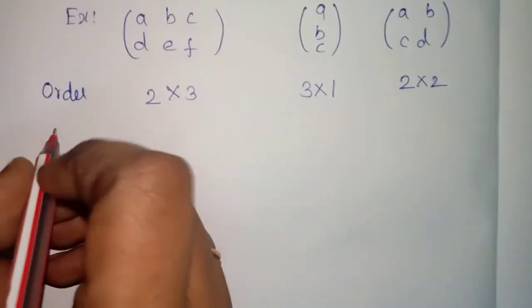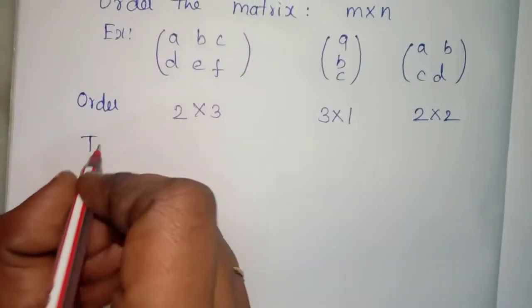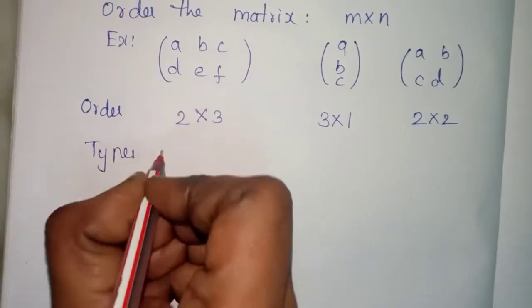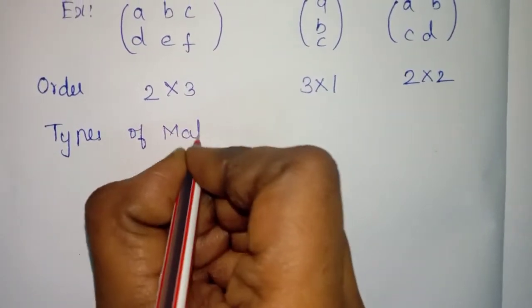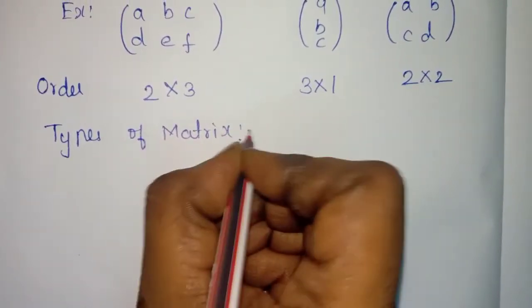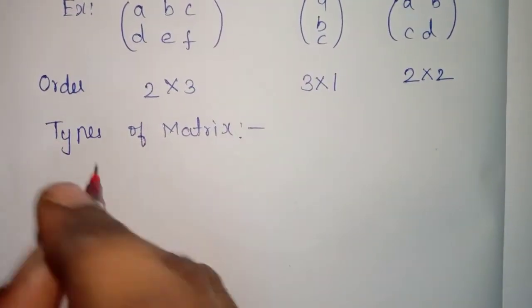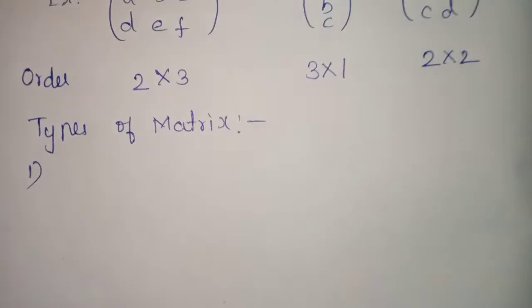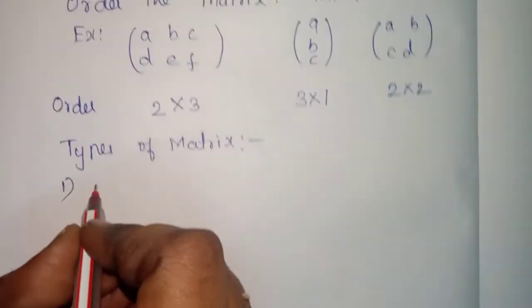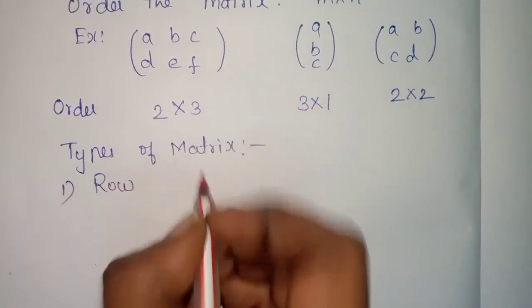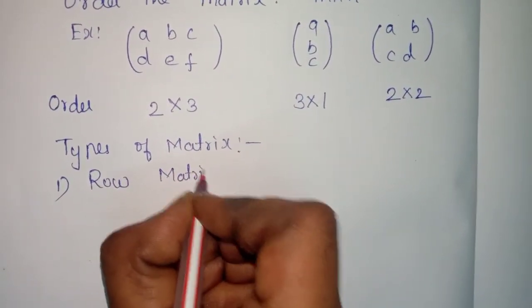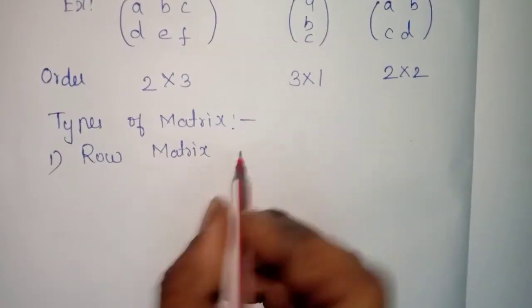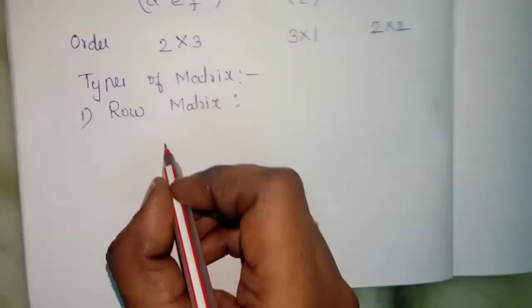Next, we are going to see the types of matrix. The first type is the row matrix. This matrix consists of only one row.